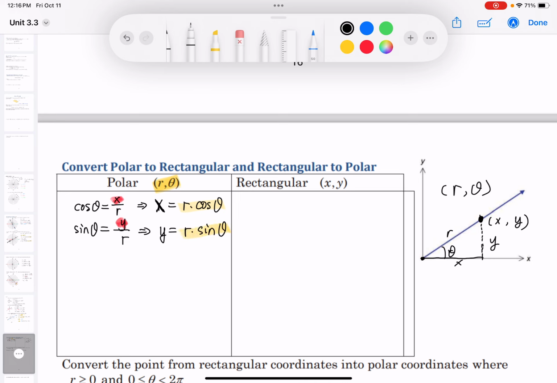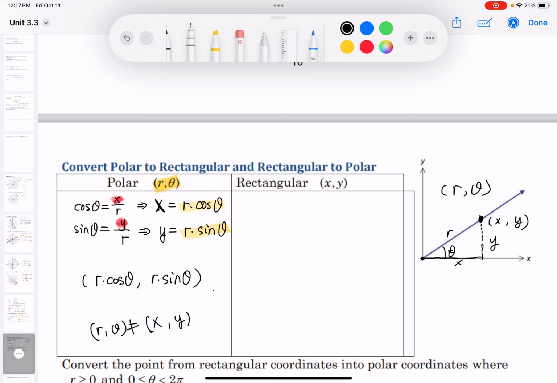So my x, y coordinate is r cosine theta comma r sine theta. Memorize that again: r, theta is not equal to x, y. They are different systems to describe a point.